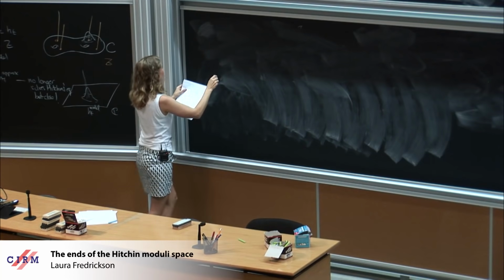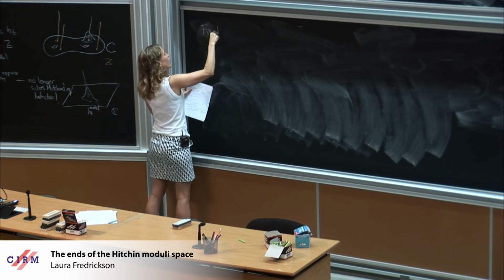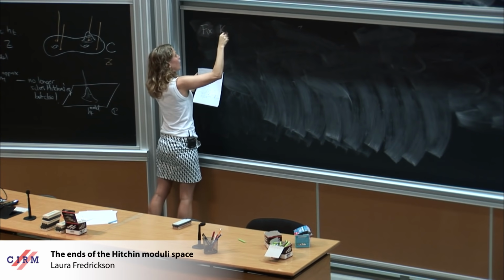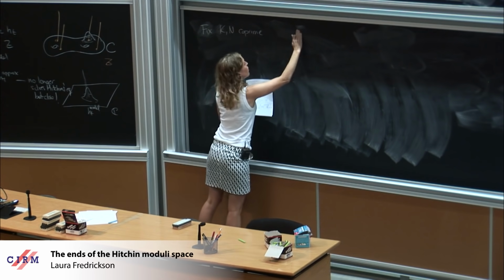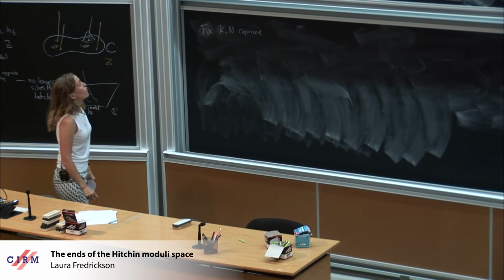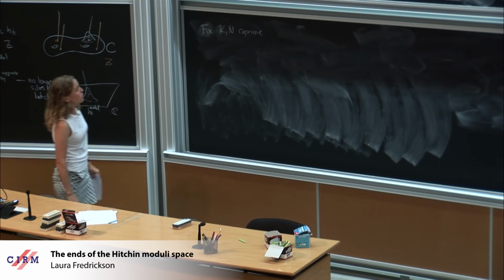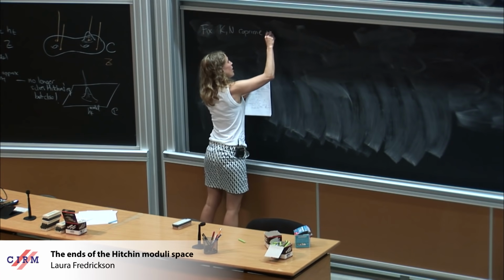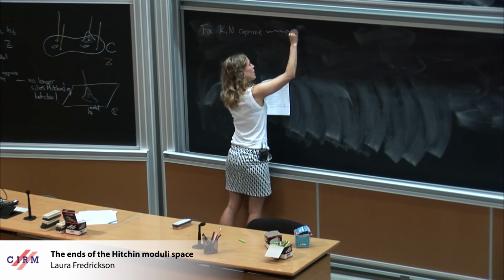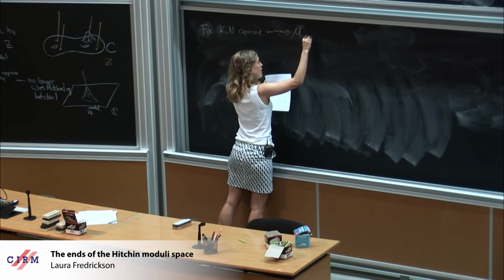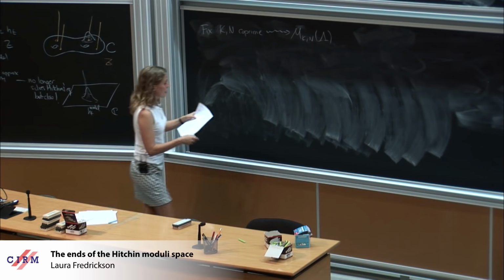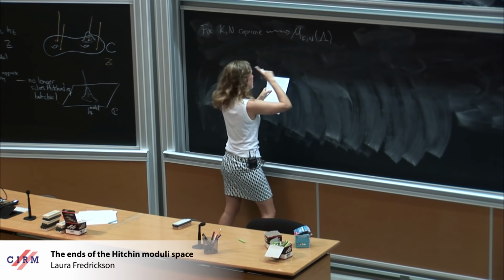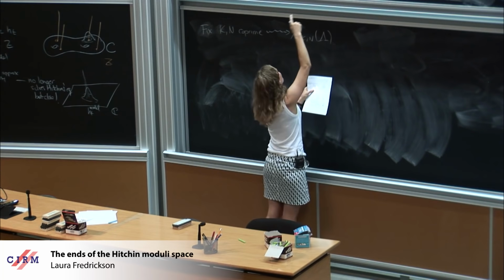So we're going to fix k and n co-prime. So for right now I want to avoid the case of these double zeros. If you fix k and n co-prime, you can get this moduli space with some parameters, lambda.